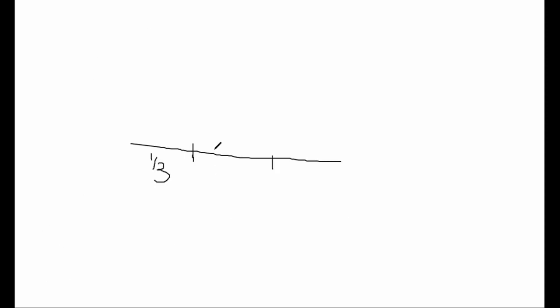So after dividing this line into three equal parts, the central line is again getting divided into an equilateral triangle.